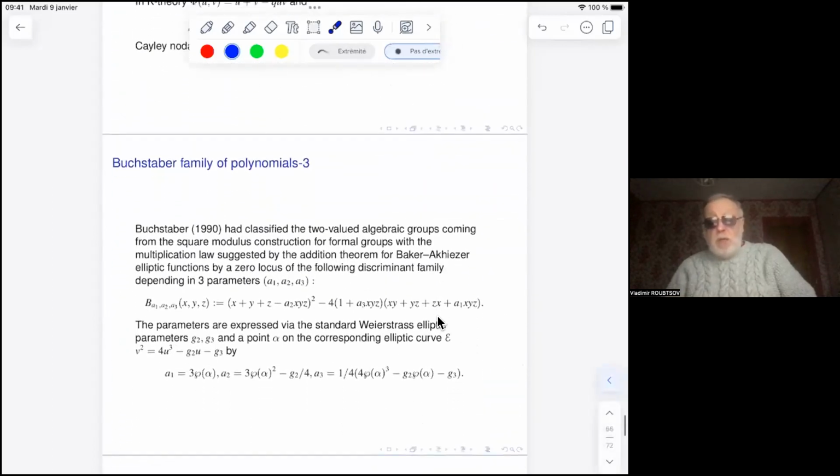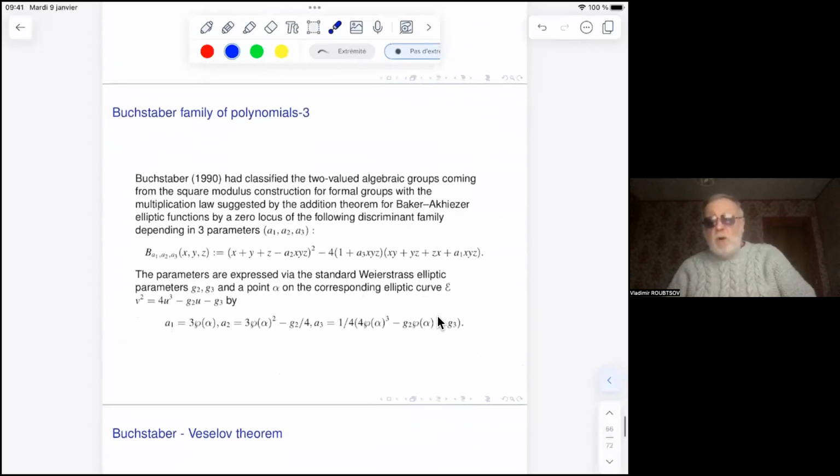And Buchstaber in 1990 classified all two-valued algebraic groups, all groups which come from this square modular construction. He used Krichever's results about Baker-Akhiezer elliptic function addition theorems, and then he proved that there is a polynomial B, with which I started my talk, which depends on three parameters, A1, A2, A3.